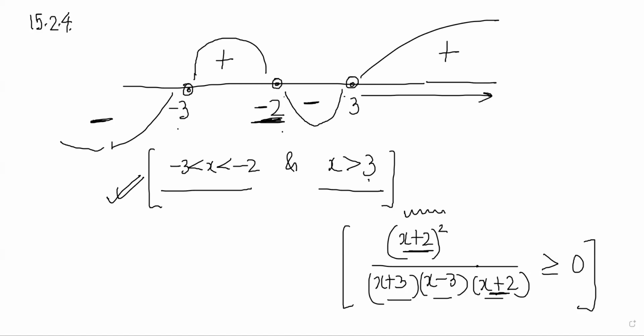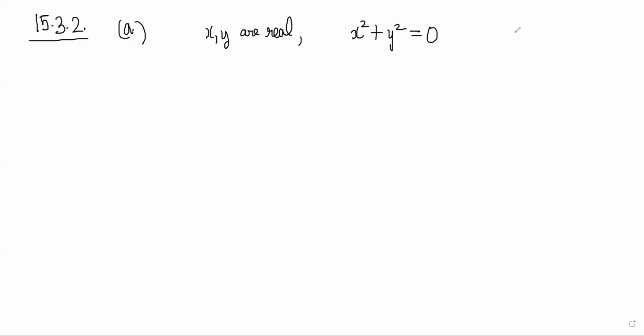Right. So, for example, if you look at the exercise there, 15.3.2, let's see the first part of it. It says, if x and y are real numbers such that x squared plus y squared is equal to 0, what is x and y?